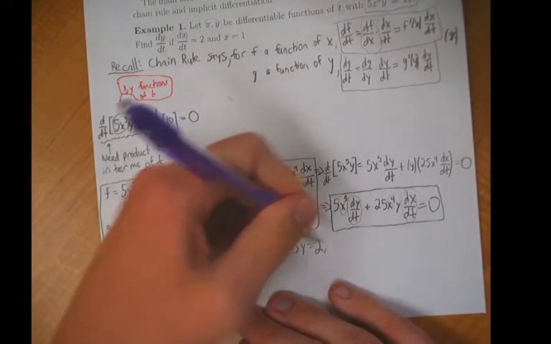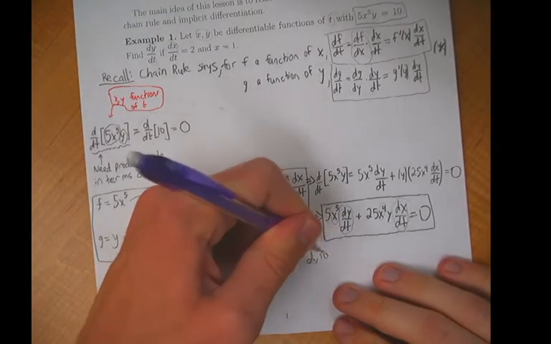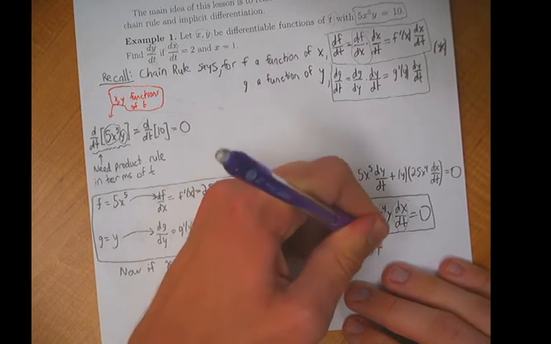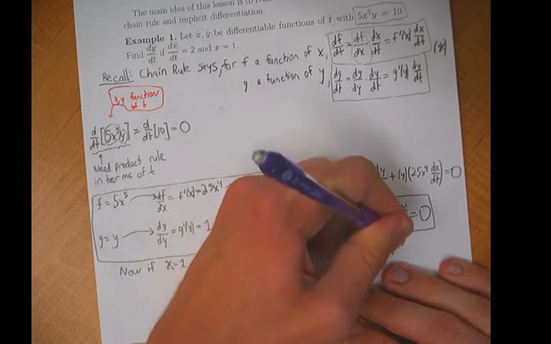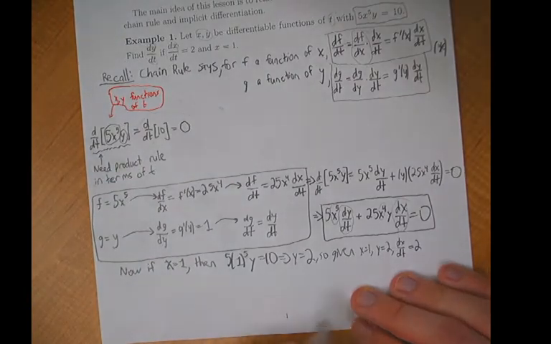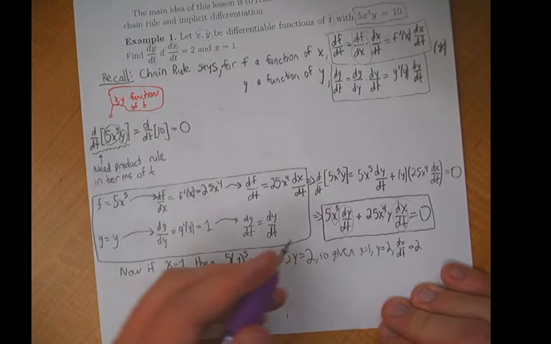So now we're given x equals 1, y equals 2, and dx dt equals 2. Now we can go ahead and plug them into here to figure out what dy dt is.